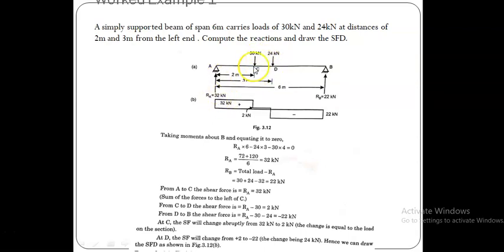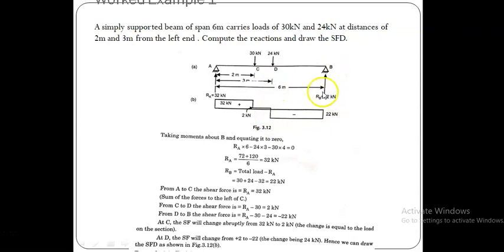So 32 minus 30, what is it? It is 2. Okay, 2 is positive. So that positive 2 is upward, and negative 22 is downward. So like that we have the shear force at this section.